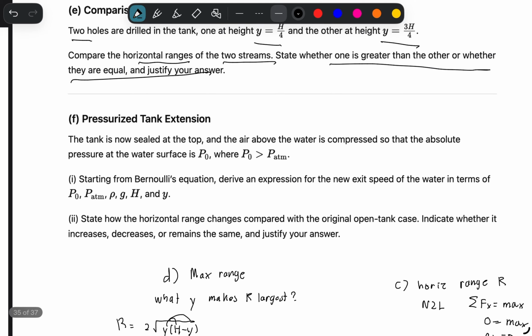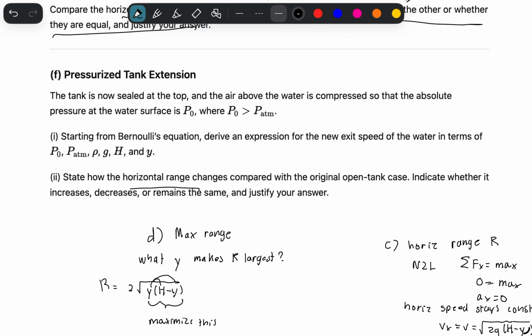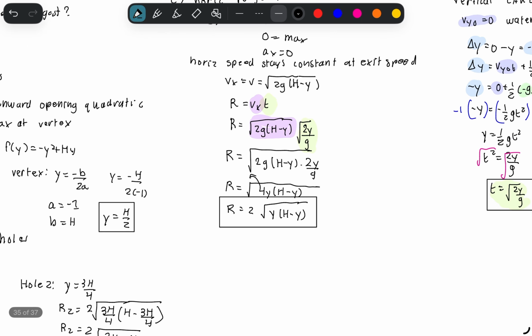Now let's look at our part 2. State how the horizontal range changes compared with the original open tank case. Indicate whether it increases, decreases, or remains the same, and justify your answer.